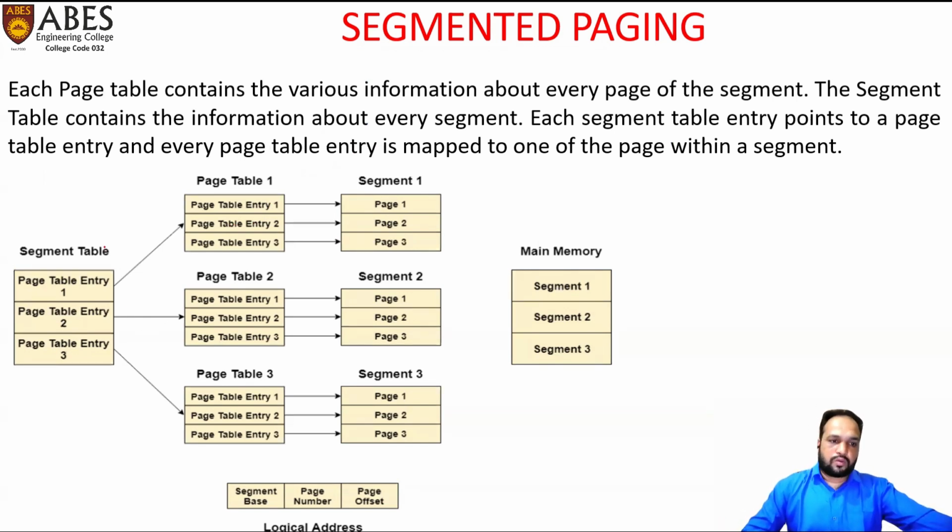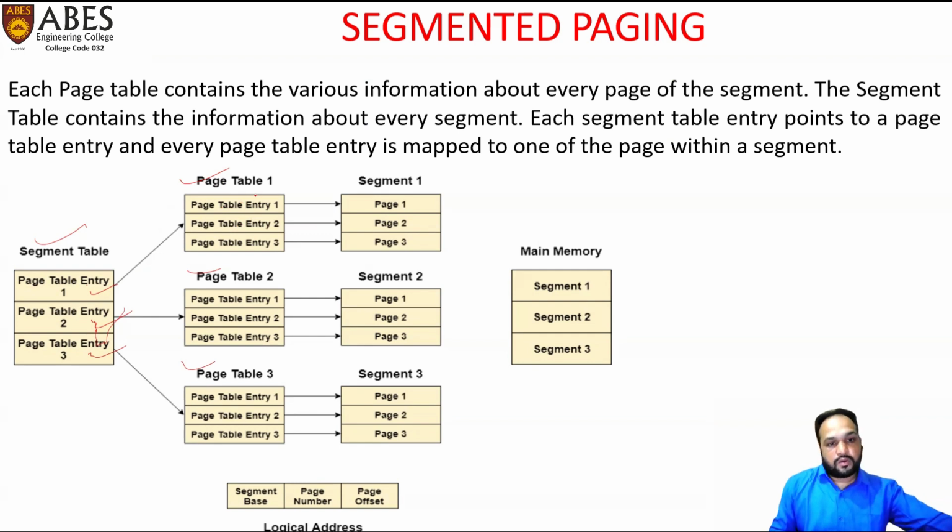Meaning, we created a segment table which contains multiple page table entries, as it is not possible to accommodate all the pages inside the segment table. So we created multiple page tables, as you can see, page table 1, 2, and 3, and references of those page tables are stored inside the segment table. And on the basis of segment tables, we can access a particular page table.